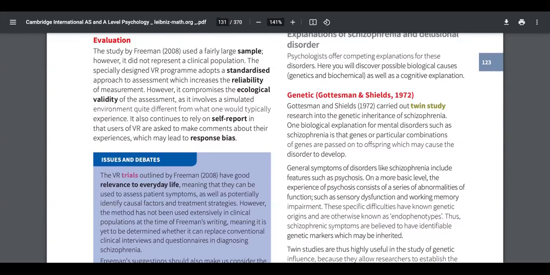Okay, when you look at it from a methodological perspective, from the method that psychologists are using, then you can say that yes, ecological validity is less, because it's just someone with technology and everything that is not normal to real life.